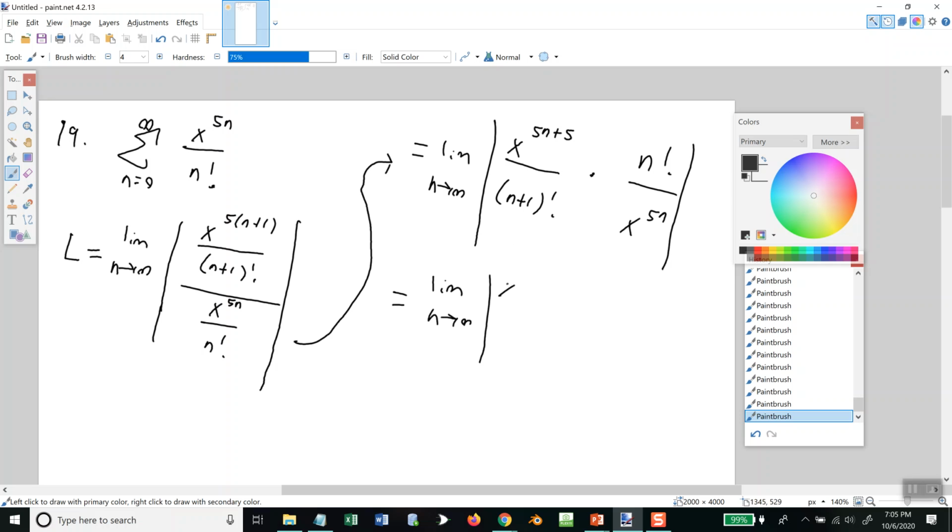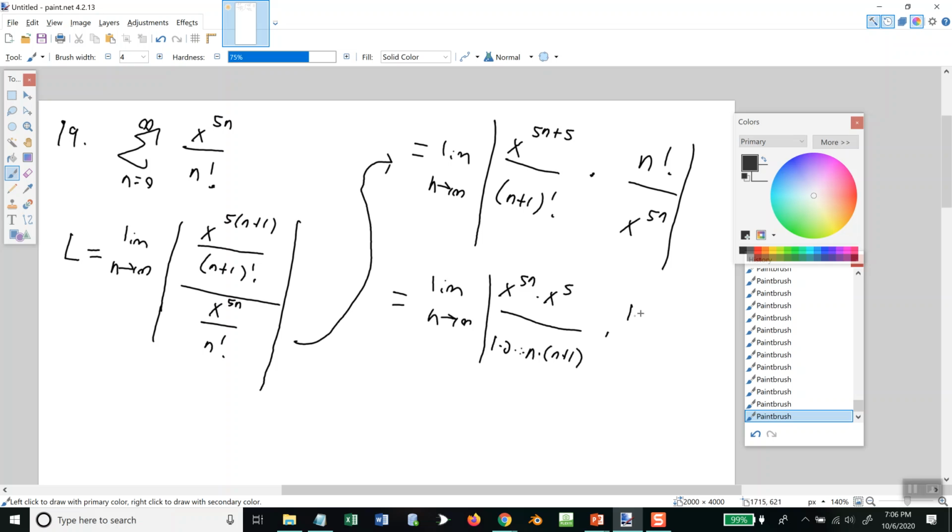So that becomes x to the 5n times x to the 5 over n plus 1 factorial. Actually, let me write that out now. It's 1 times 2 all the way up to n times n plus 1.